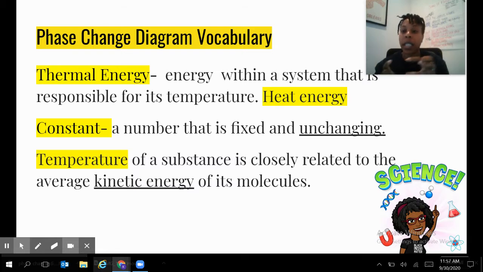If it is constant, it is going to stay exactly the same. And then temperature. The temperature of a substance is closely related to the average kinetic energy of its molecules. Kinetic energy is energy in motion. In all states of matter, the particles are always moving, so they all have kinetic energy.